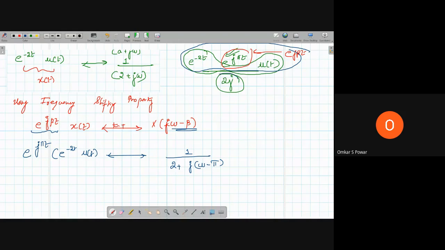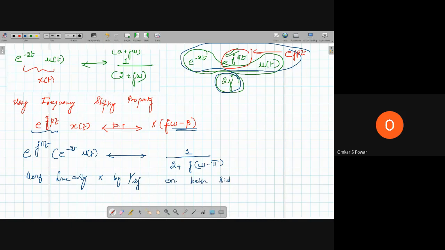What we want is 2j in the denominator. Applying the linearity property, you can divide by 2j on both sides. So using the linearity property, multiply by 1 by 2j on both sides.